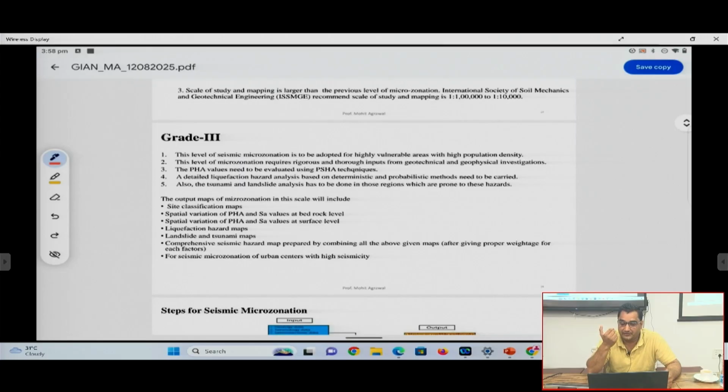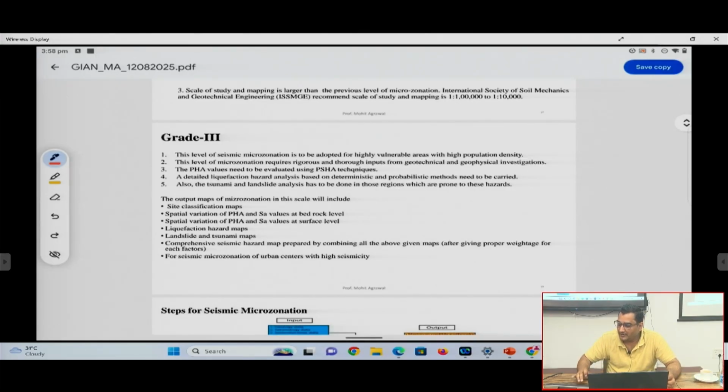You may get a liquefaction hazard map, and also landslide and tsunami maps. If you integrate them together, you will have a comprehensive seismic hazard map by combining all the above maps.